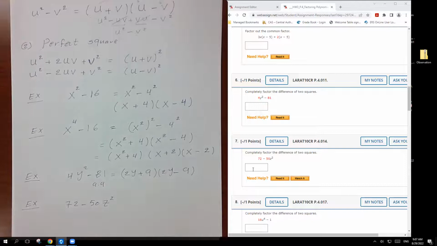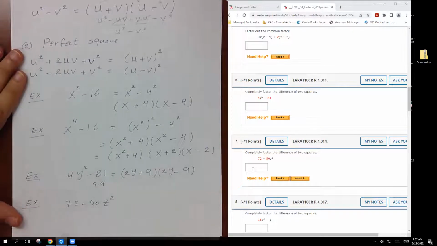That means I have to use the difference between two squares. If you look at this one, 72, there are no squares for 72. I told you, the first step, when you see factor completely, check if there is a common factor between these two terms. If you look here, there is a common factor between the numbers, which is 2.